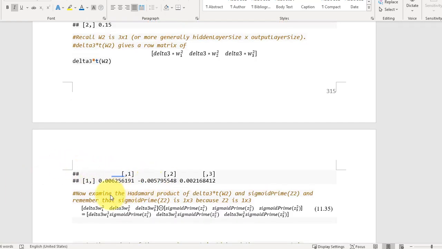Now we examine the Hadamard product. Let's just go through this a little bit more, of this one with this one. Again, we have to make sure that this and this are the same dimensions. So we want this, which is here, times this one, sigma prime of Z2.